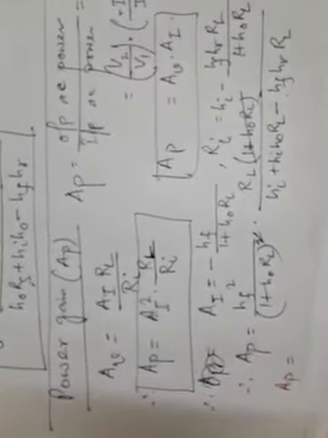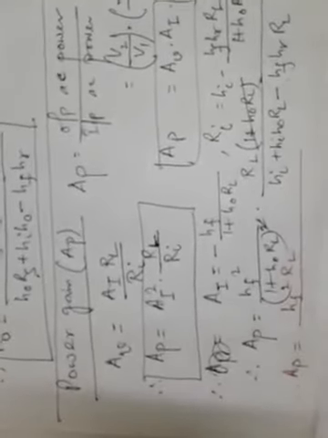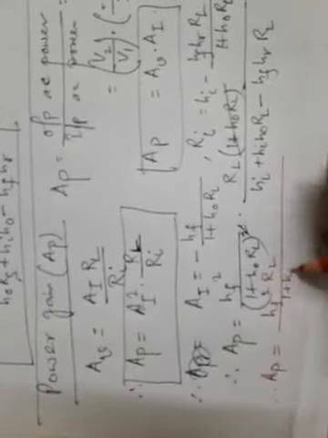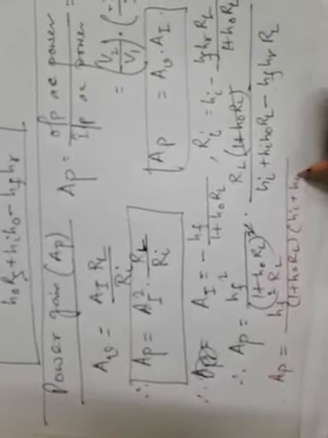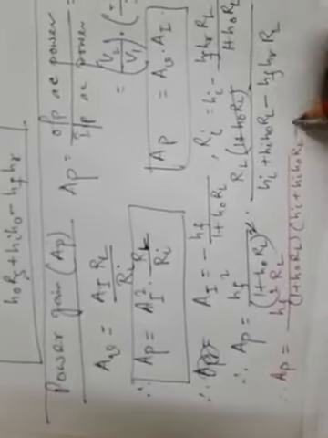AP is therefore HF squared RL divided by (1 plus HORL) whole into (HI plus HIHORL minus HF HRRL).